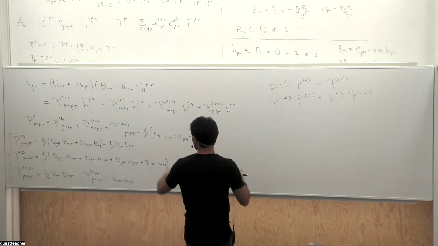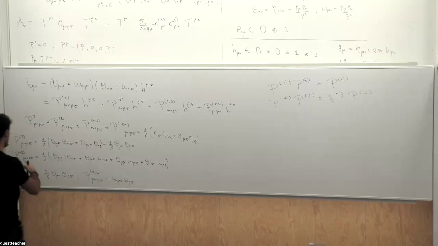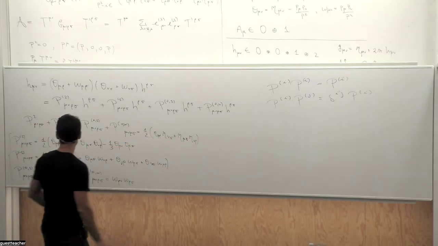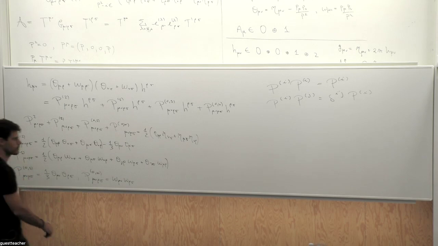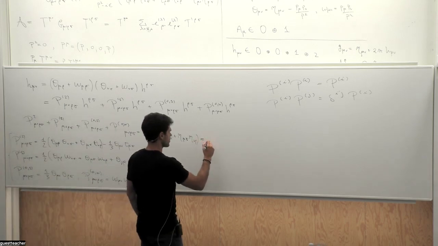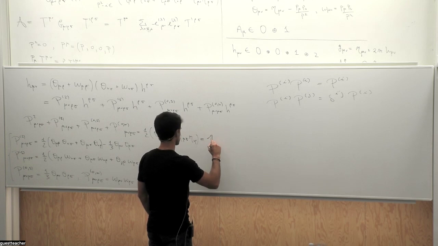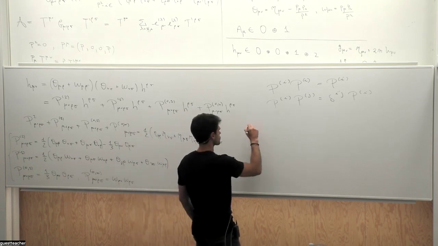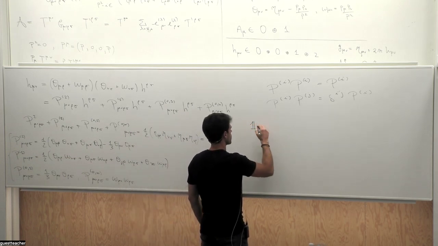Okay, now, you can check that if you act with the identity, which is this object here, on each of them, okay, let's call it the identity, I've never done it so far, like this. If you act with the identity on these objects, what you will get is the following.